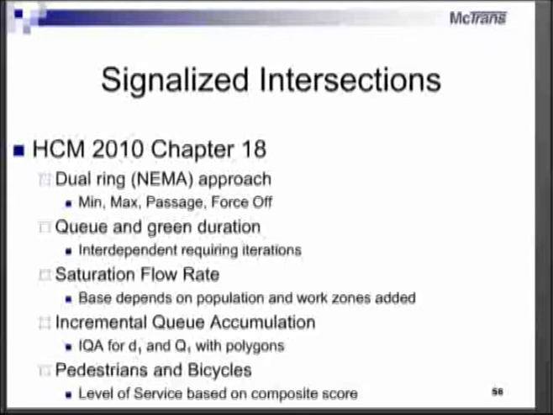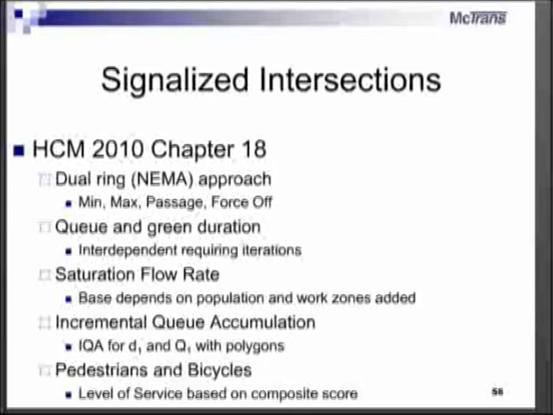And so there's an iterative model that allows us to compute that, and that converts saturation flow to capacity. A little advice on base saturation flow from a population perspective was added. Above 250,000, use 1900. Below 250,000, 1750 is suggested, but I'm going to tell you, you really ought to calibrate this. Work zone adjustment saturation flow was actually added in the 2010 manual.